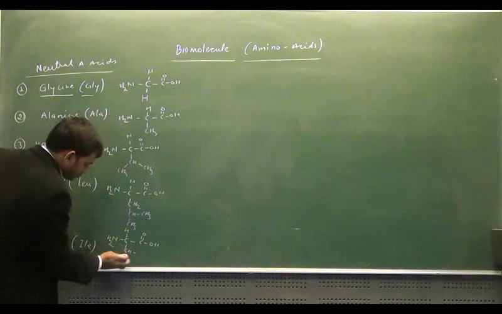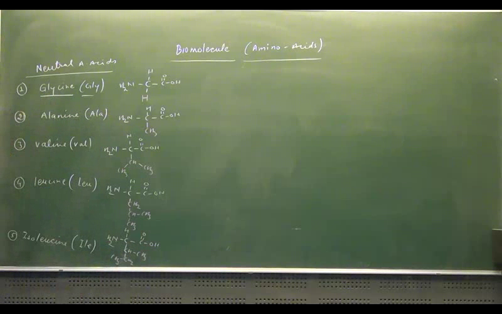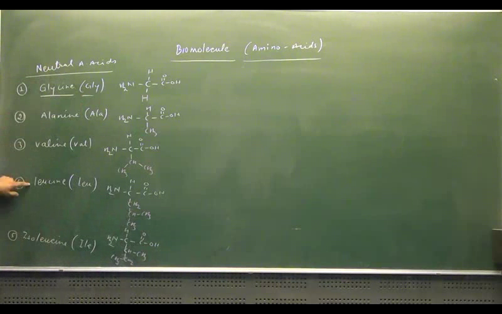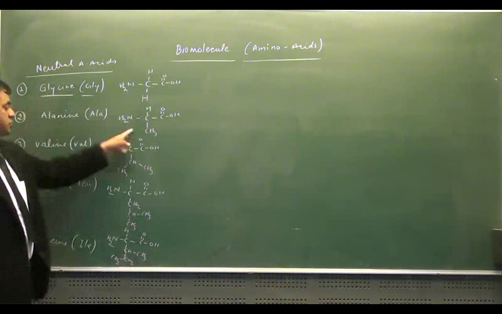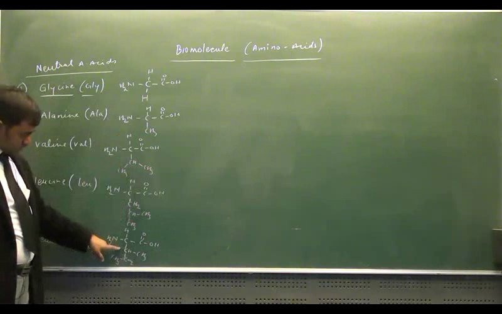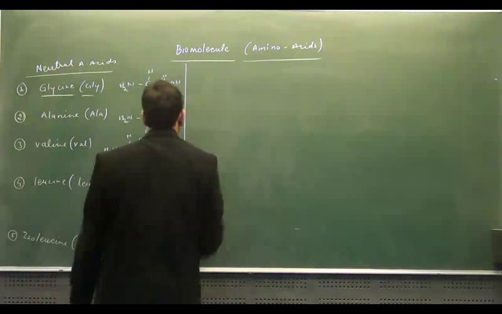C. This is isoleucine. H, CH3, 3 carbon containing isopropyl, then 4 carbon containing. This is the side chain.